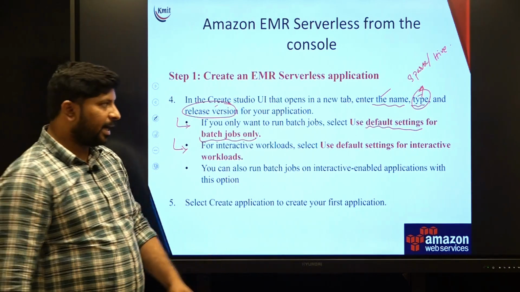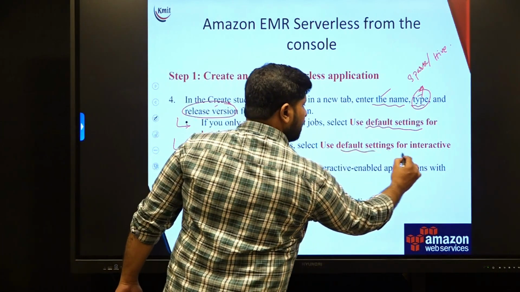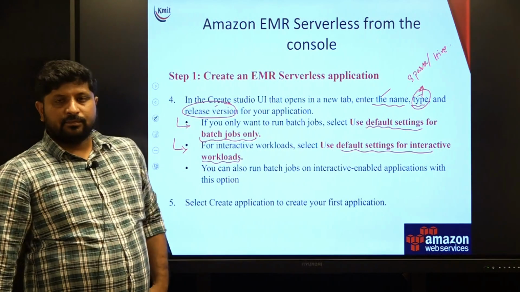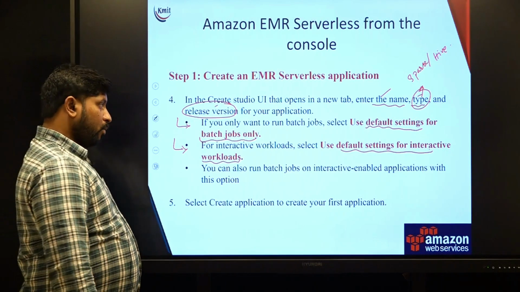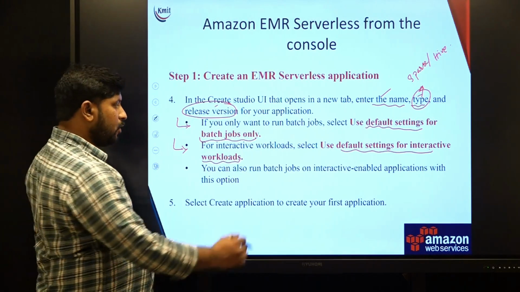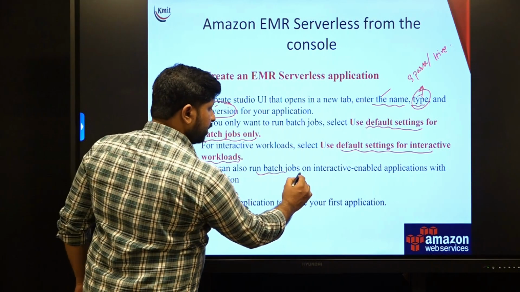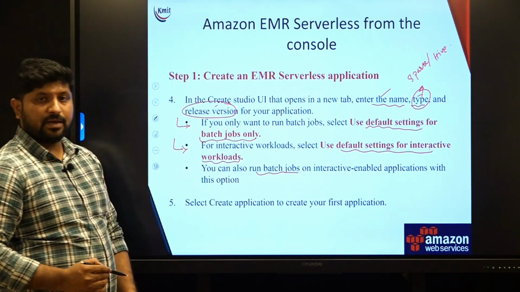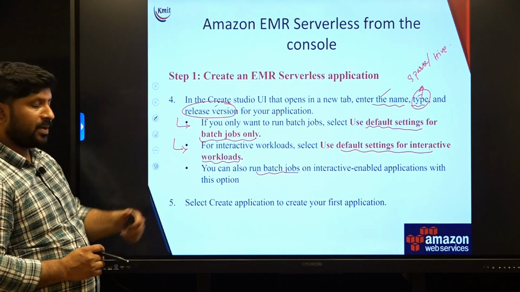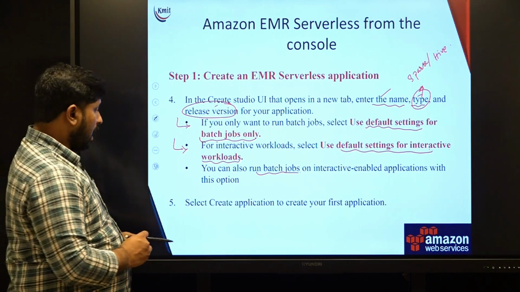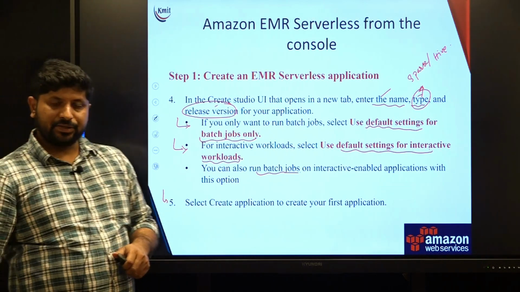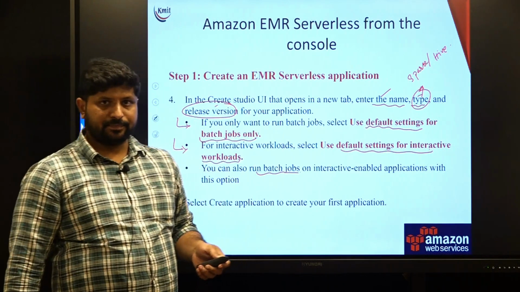If it is an interactive job, then you need to select default settings for interactive workloads. And by the way, if you are selecting interactive workloads, then you can execute batch oriented jobs also on top of these interactive ones. This is a feature which has been provisioned. Then at the end, just click on Create application for your first application.